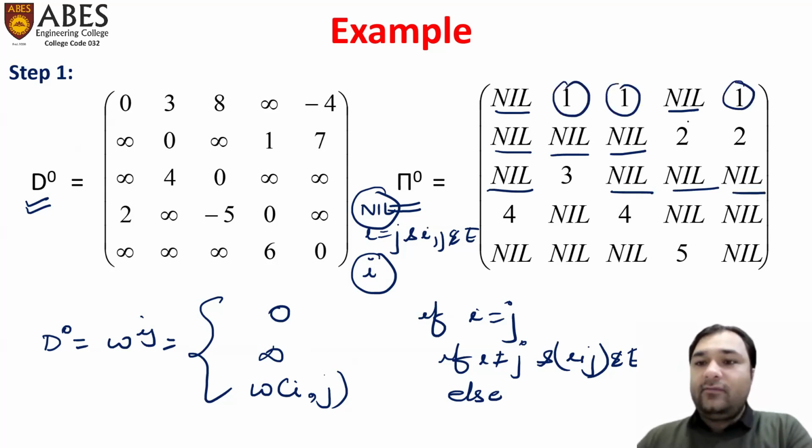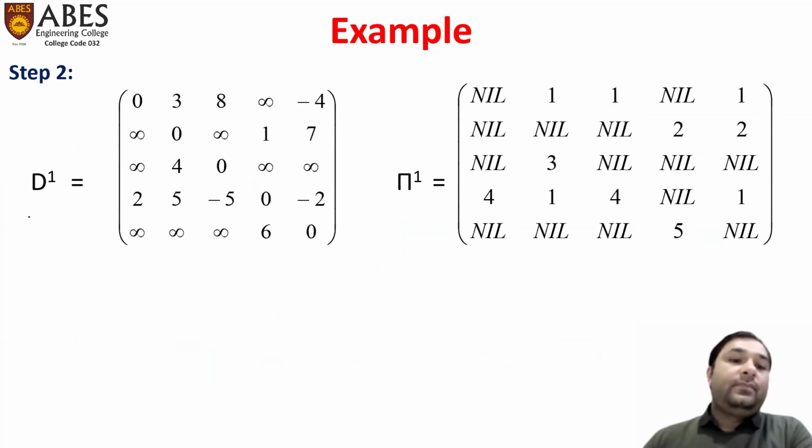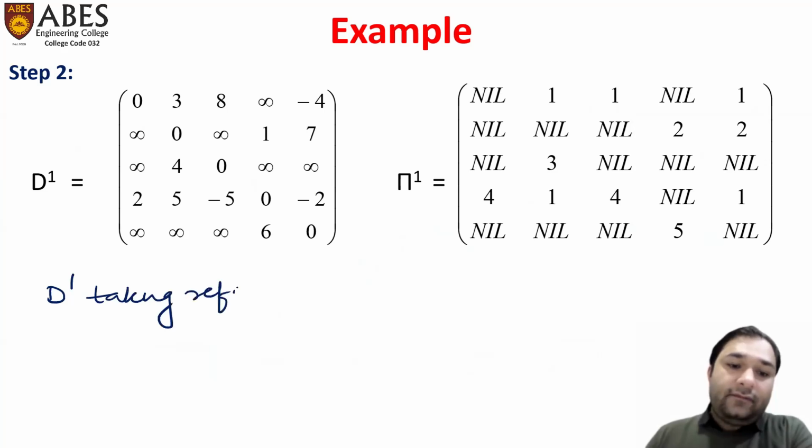Here i is 1, here i is 2, here i is 3, here i is 4, and here i is 5. So we will be building this D naught and pi naught matrix side by side. After preparing the D naught, let's move ahead to D1. Now for D1, we will be taking reference of D naught.